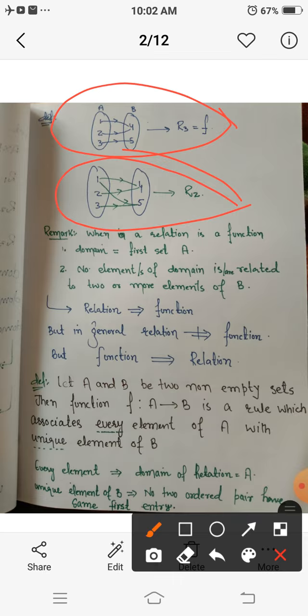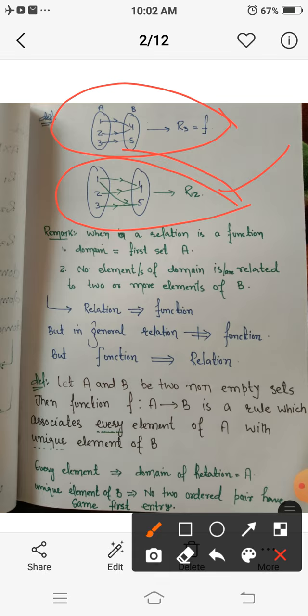So this means that the domain equals the first set and no element of the domain is related with two or more than two elements of B. Like if we consider R2 here, 1 is an element of first set, means set A.